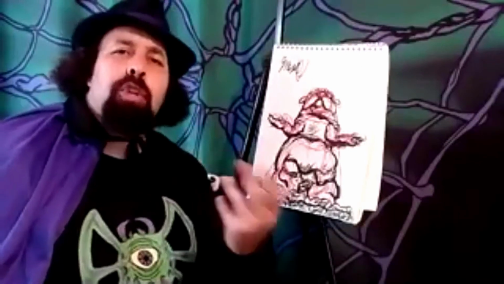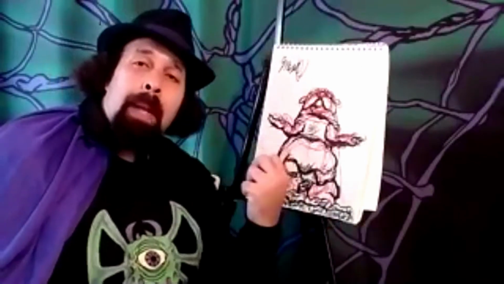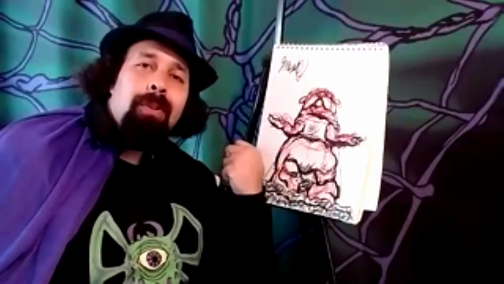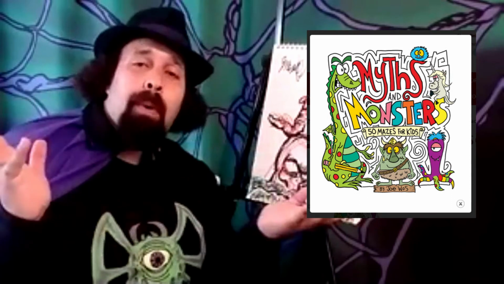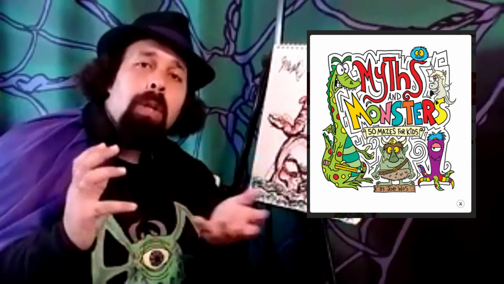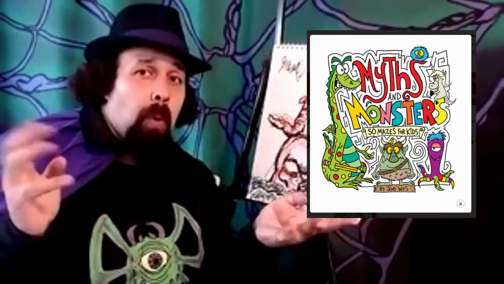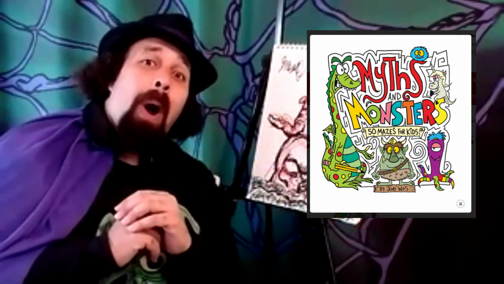And I was intrigued. So I kept that story with me until I was finally able to share it with you today. And he actually has a book, among many others, called Myths and Monsters. It's a maze book, but it's filled with all sorts of monsters of folklore, including a squonk.